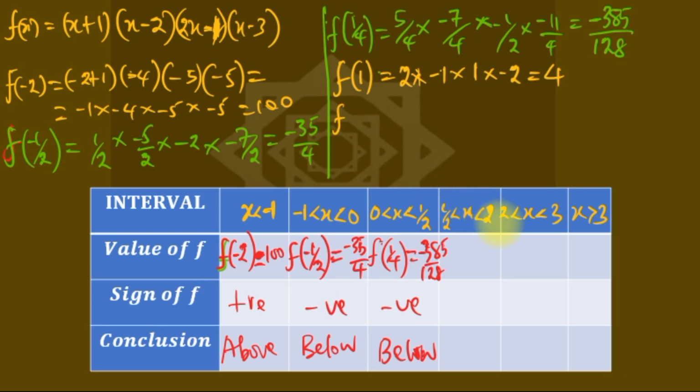f of between 2 and 3, 5 over 2, that's 2.5. So I have 5 over 2 plus that is 7 over 2, plus 1. 5 over 2, that's 2.5, minus that is half, minus 2 is half. 5 over 2, that's 2 times 5 over 2 minus 1 is 5 minus 1, I think 4. 5 over 2 minus 3 is minus 1 over 2.